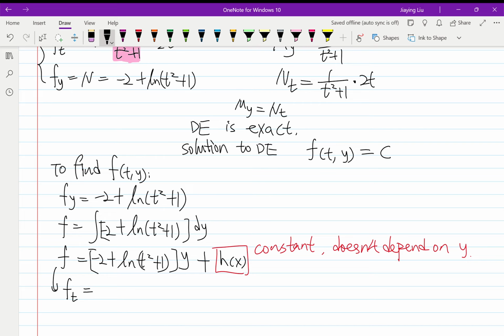We only need to take the derivative here with respect to t. So 0, and this is the derivative of the natural log. So we end up with 1 over (t squared plus 1) times 2t, and we still have the y outside. It doesn't depend on t, so it stays as a constant. And then plus h prime of t.